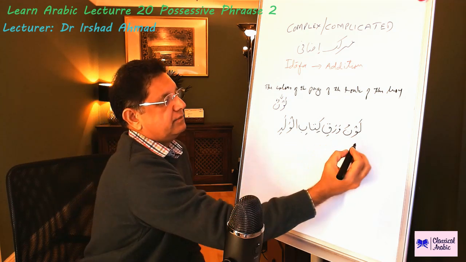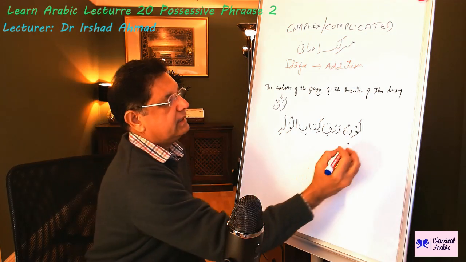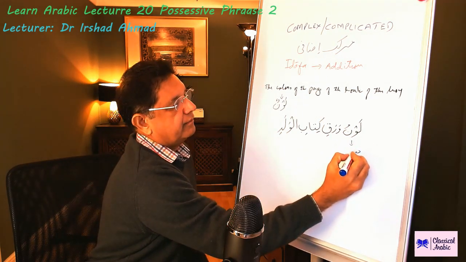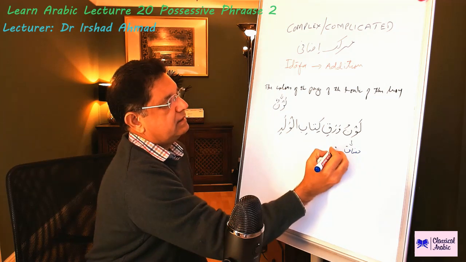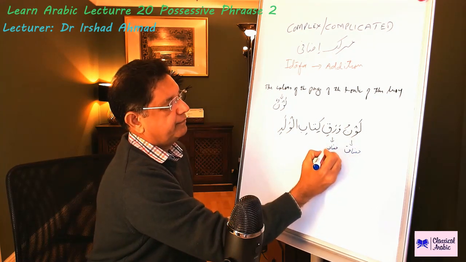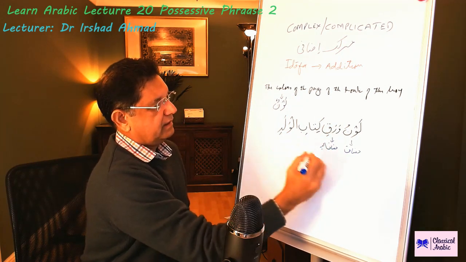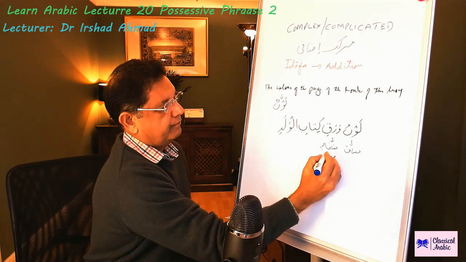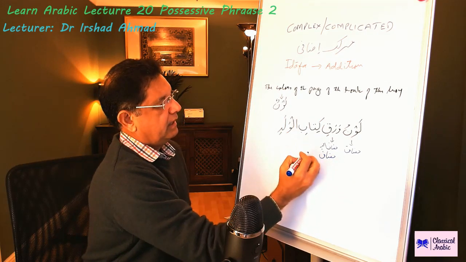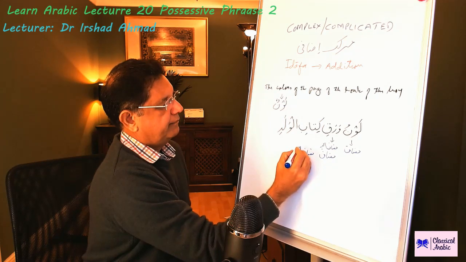If you want to analyze that or elaborate on it, this is mudaf, and this is mudaf ilayh for this. But at the same time, this is mudaf for kitab, and kitab is mudaf ilayh.